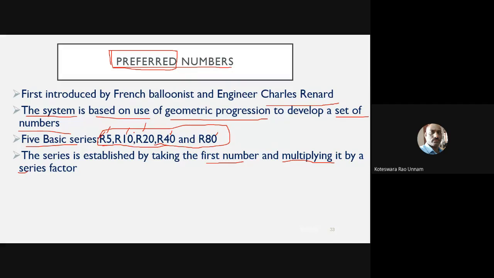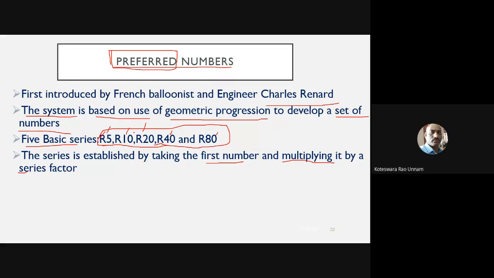If I want to develop a set of numbers under the R5 series, I have to take the series factor for R5 and multiply the first number by the series factor. I'll get the first number in the set.